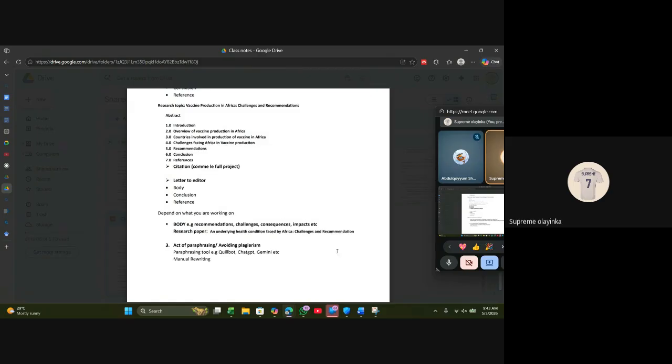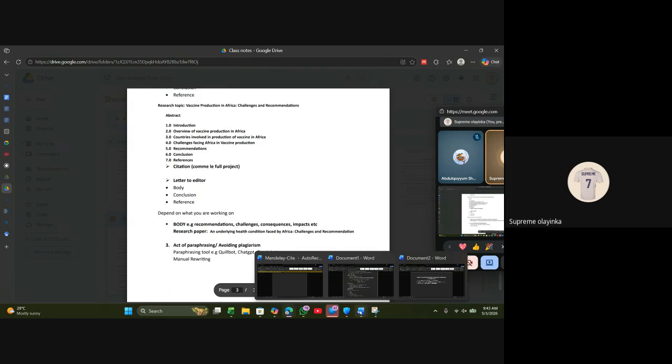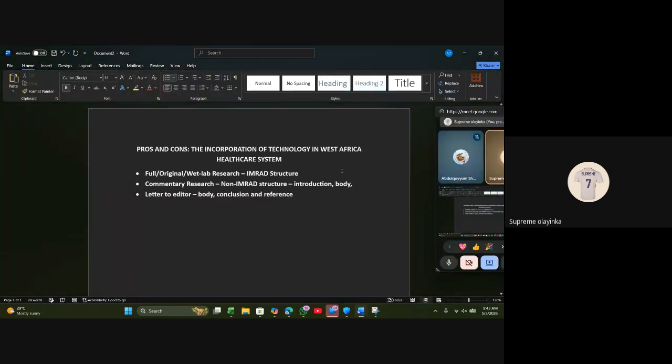So in this case, you can easily say that this particular part, maybe the advantages, disadvantages, will be written inside the body. Then after we are done with the body, we'll move on to the conclusion, then reference.